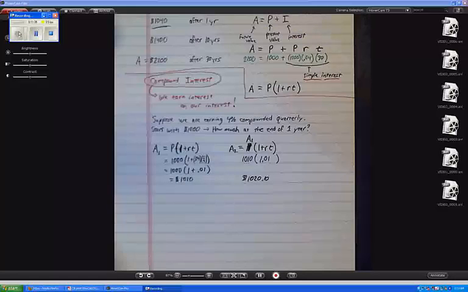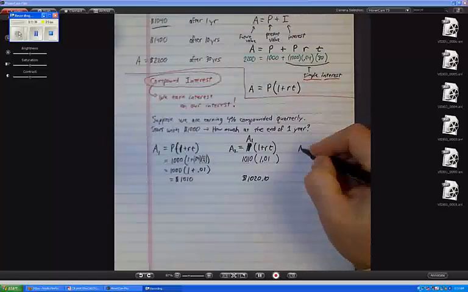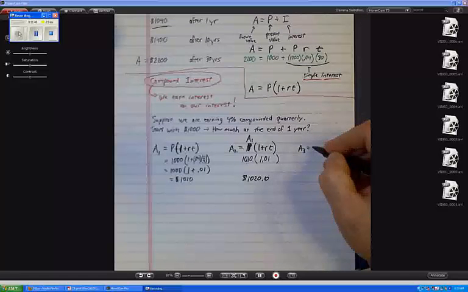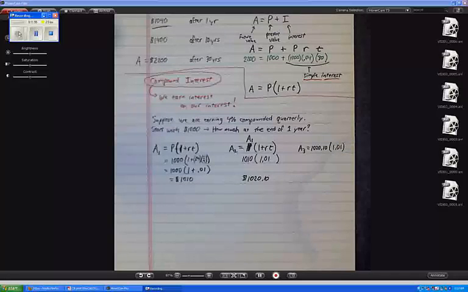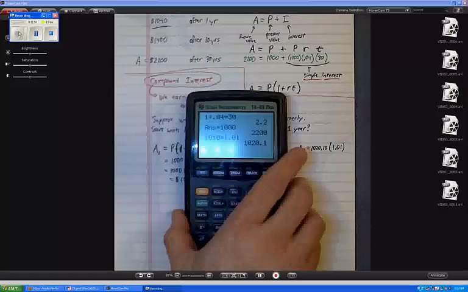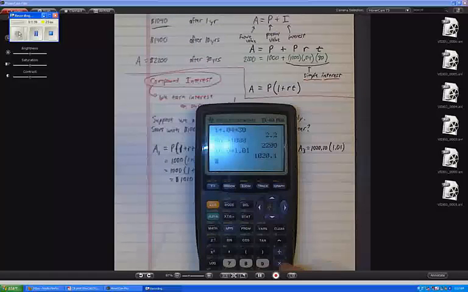Let's see. So then A3 is going to be this 1,020.10 times what? Well, we're always going to multiply by 1.01 because it's always the 1 plus RT. That hasn't changed. So I guess all I have to do is take my calculator and write times 1.01.